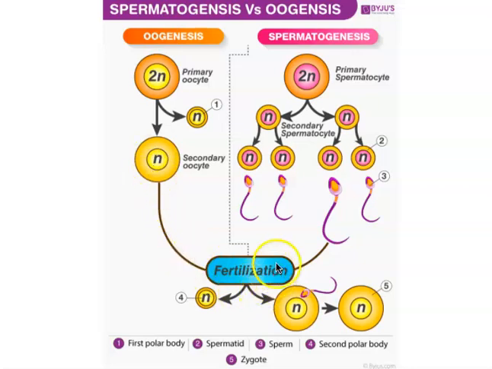If the sperm actually does meet this secondary oocyte, a process called fertilization occurs, where the sperm meets the secondary oocyte. The secondary oocyte finishes, in that same second, meiosis 2. So remember, it's another division, so that means it creates 1 non-functional polar body cell that is just disregarded.